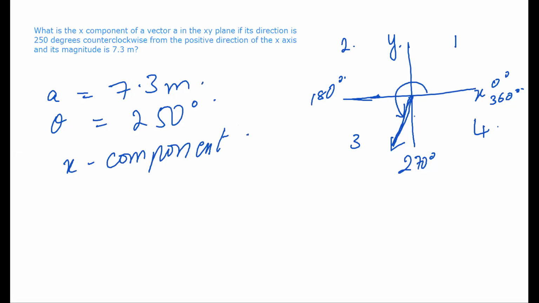Until then you can solve this. Who answered 122? Haris, and Hamza. Okay, good. Haris and Hamza. Haris, did you answer two questions or one? Okay, anyway, so now let's try to find this answer.